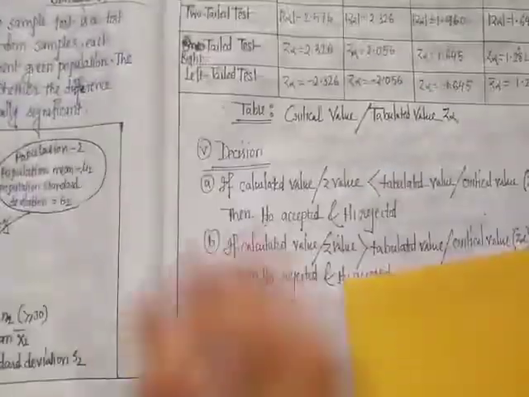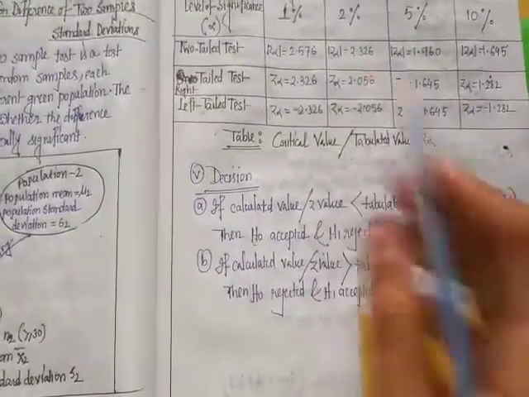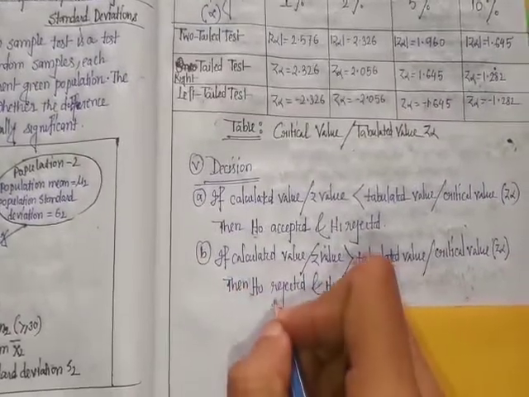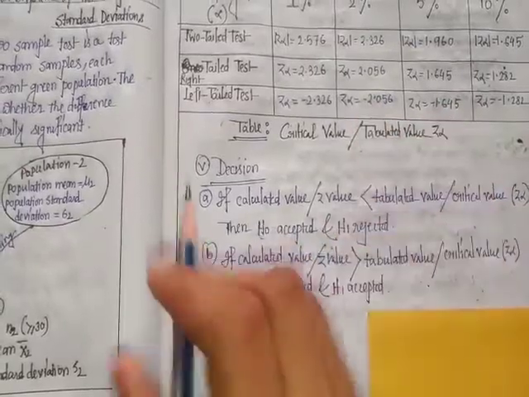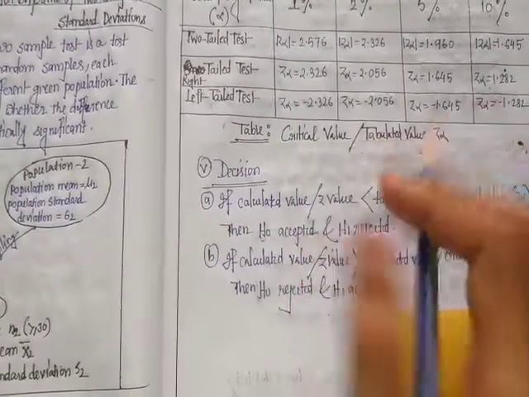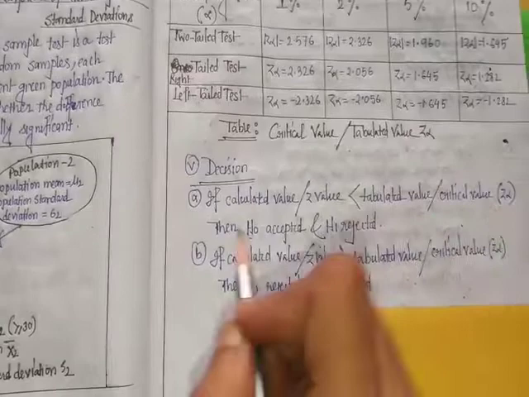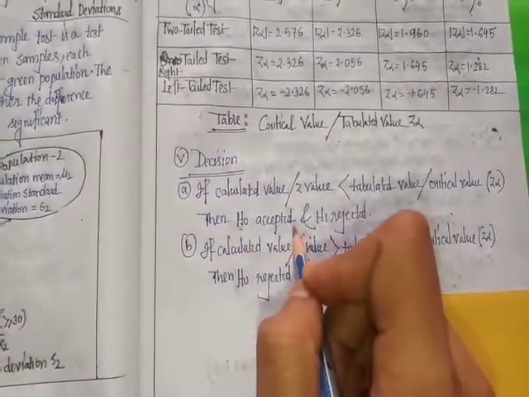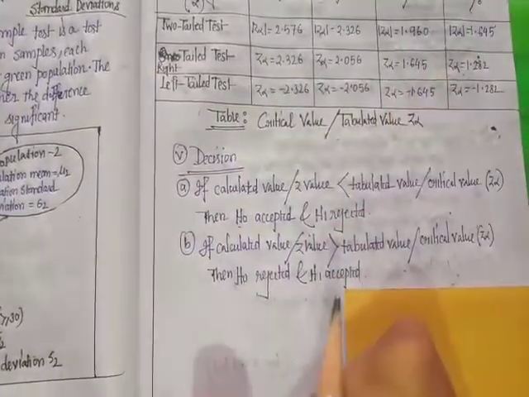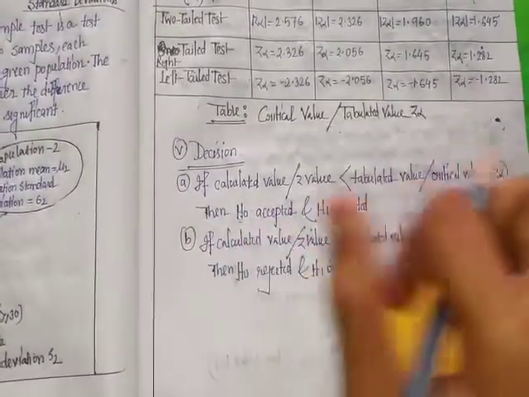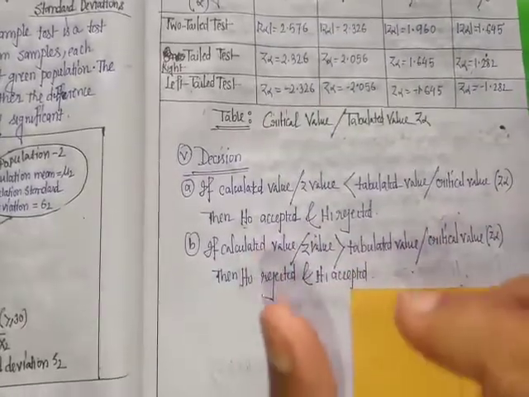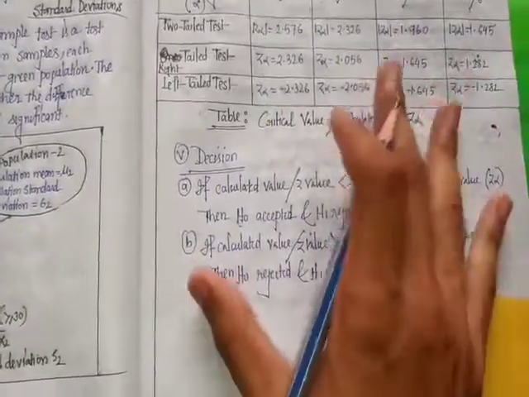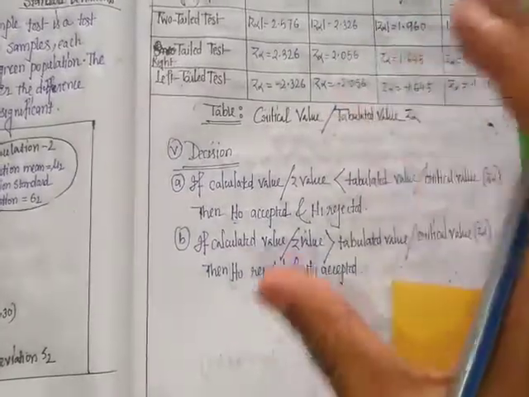If the calculated value is greater than the tabulated value, then the null hypothesis is rejected and the alternative is accepted. Okay, please remember this result. Using the result we will solve some problems.